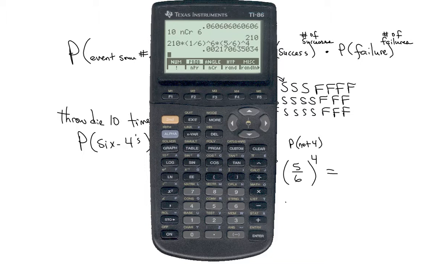And so what it gives us, guys, is that there's a 0.002 probability of this happening. So for us to roll a 6-sided die 10 times and get 6 4s, there's just over a 0.2% chance. Just over 1/5 of 1%. Pretty small.